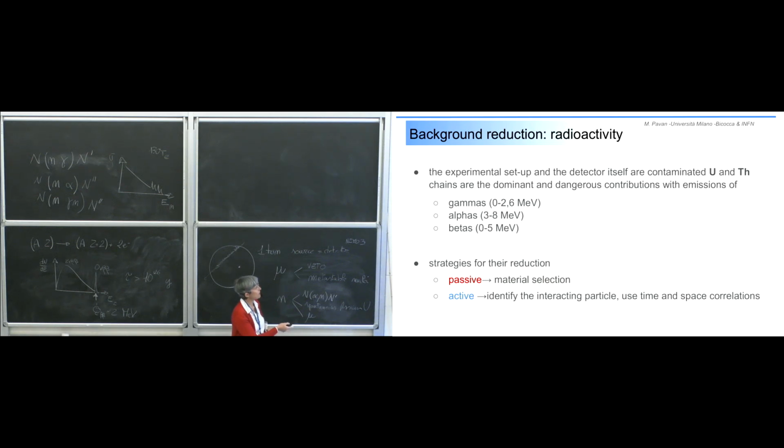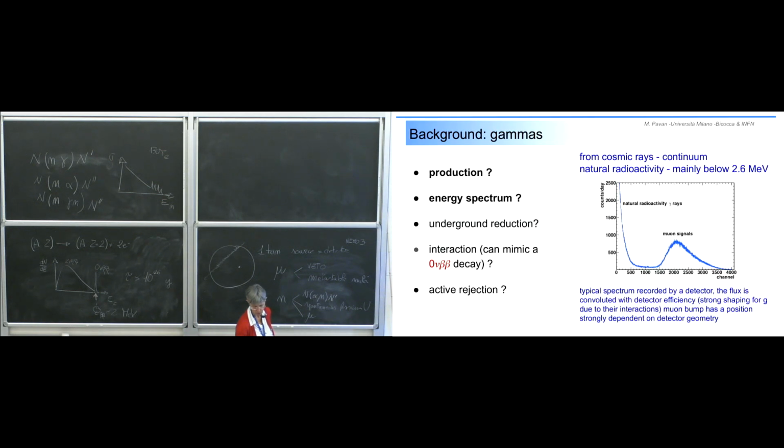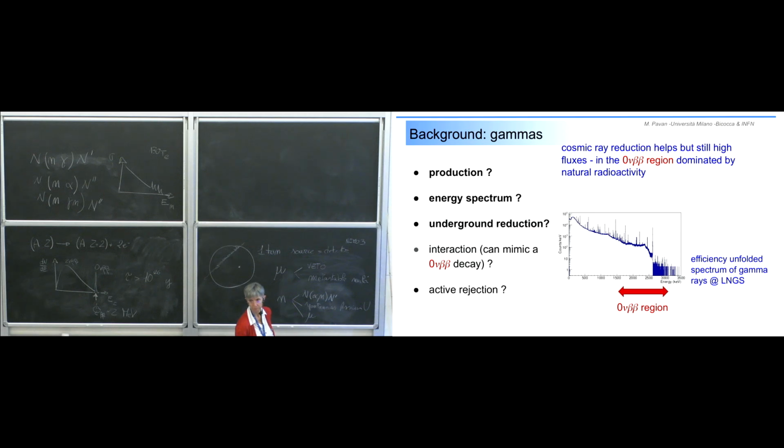So the backgrounds coming from natural radioactivity are not only gammas. You have gammas mainly in this energy region, between threshold and 2.6 MeV, that is the highest line that I have shown in the spectrum here. Okay, this line over here.